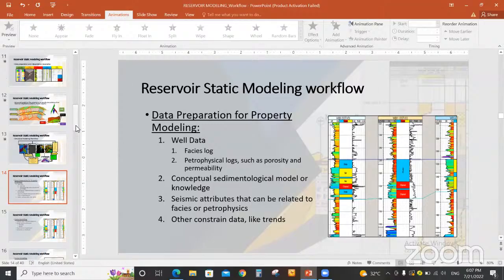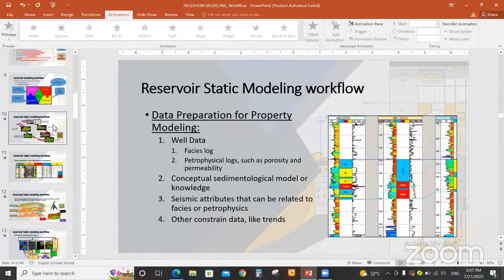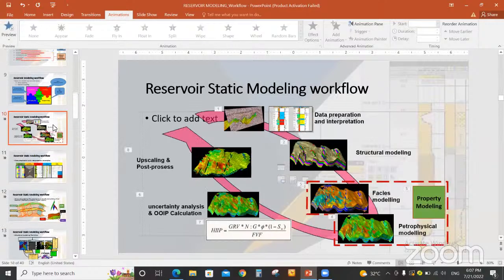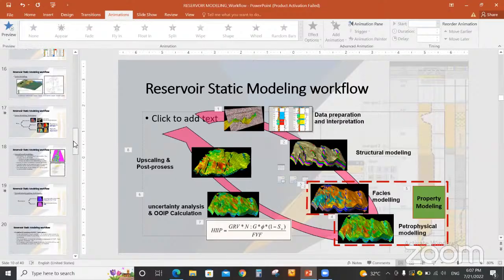For static modeling, we will prepare our data and do interpretation for the data that should be interpreted, and then we will do structural modeling, facies modeling, petrophysical modeling, and then do uncertainty analysis to calculate the oil in place, then do upscaling, and then hand the static model over to the simulation engineer.